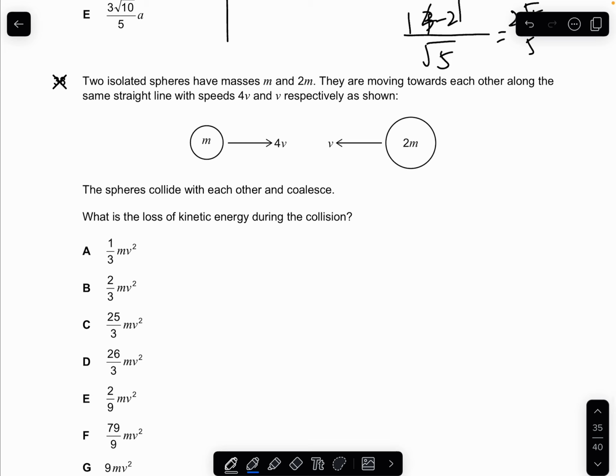Isolate this phase. Collide and coalesces. What do you mean by coalesces? Let me find it out. Oh, they become one. Okay.